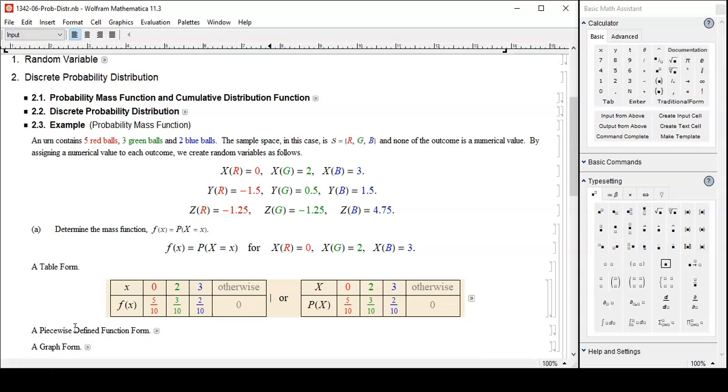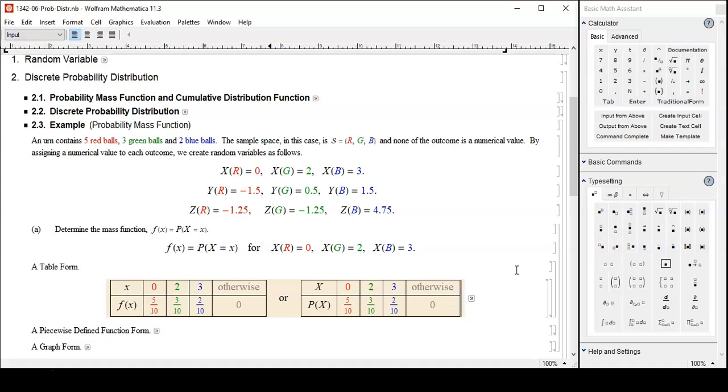You can express it like this, which I prefer, but some people do it like this. Capital X as the random variable taking 0, 2, 3, or otherwise, and the probability, capital P of capital X, 5/10, 3/10, 2/10, and of course 0 like this. Now many people skip this part, otherwise 0, because it goes without saying. Me personally, I always include it.